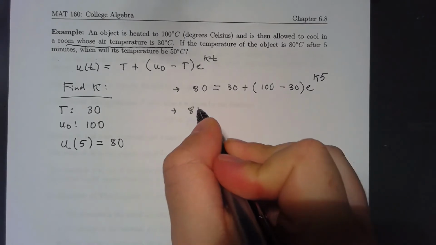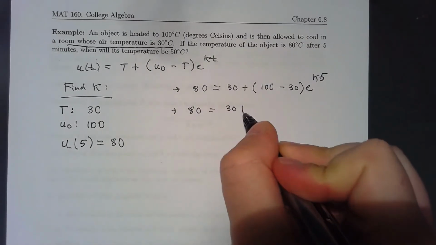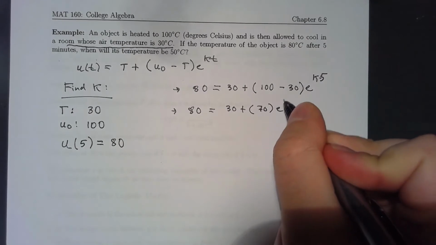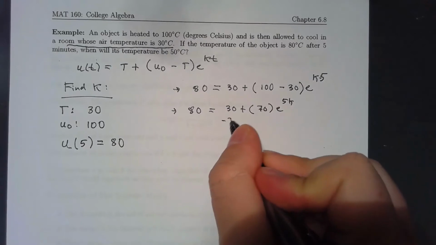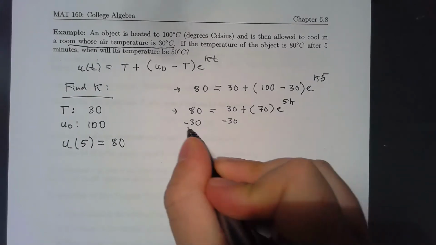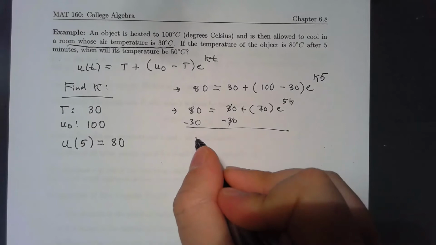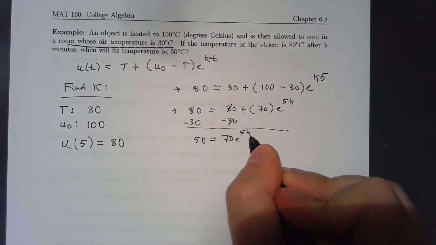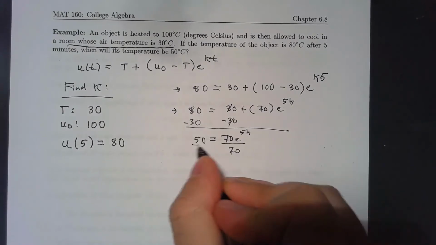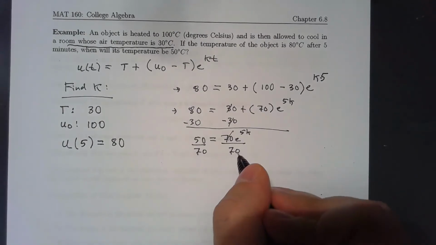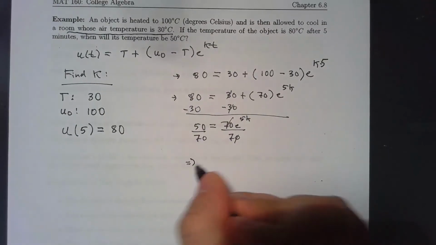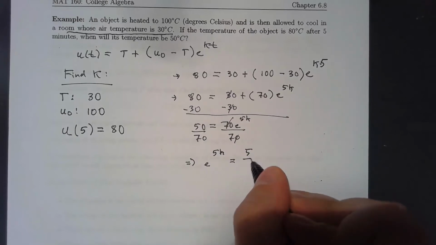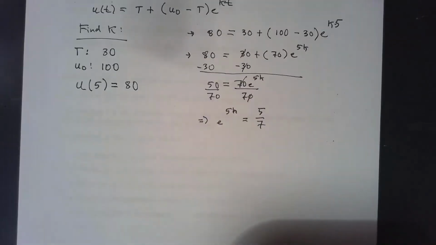So I'm going to have 80 equals 30 plus the quantity 100 minus 30, which is 70, times e to the 5k power. I can subtract 30. I'll have 50 equals 70 times e to the 5k power, divided by 70. The 70s cancel, so I get e to the 5k power equals 5/7. Right, 50 over 70 reduces to 5/7.